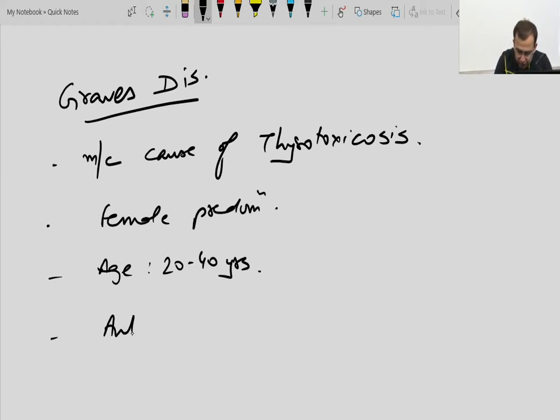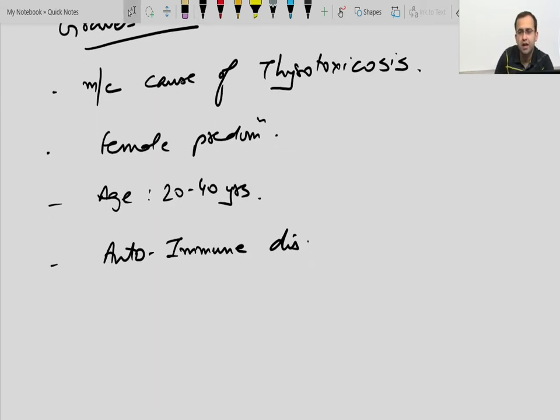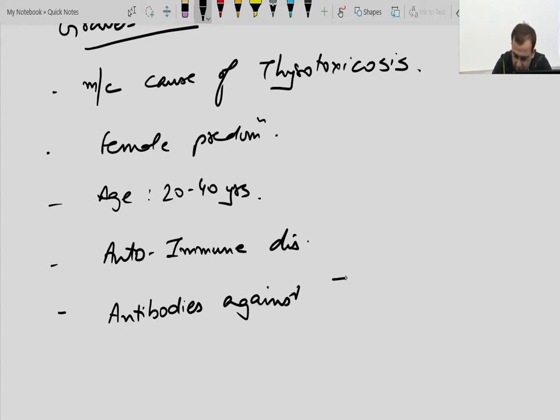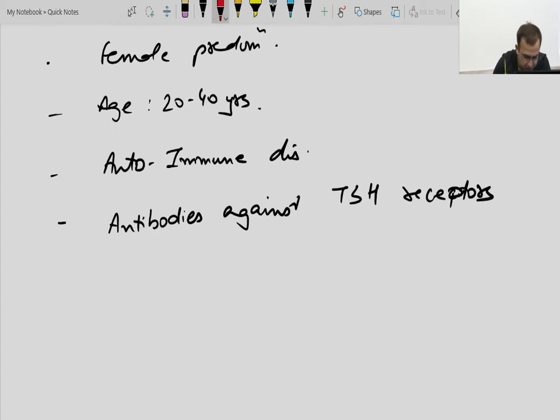Next, like Hashimoto's, this is again an autoimmune disease, associated with antibodies against TSH receptors. But the only difference is these are thyroid stimulating antibodies, so they are associated with an increase in thyroid activity. Which are the antibodies seen in this?